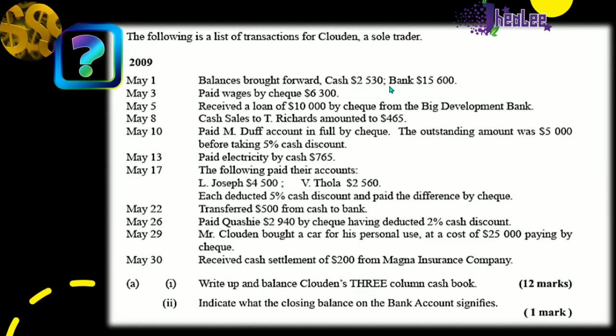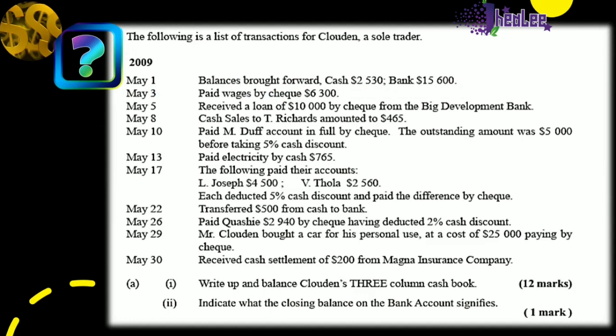cash 2,530 and bank 15,600. So these are balances brought down into the books, saying that in our cash account, this is the value that we have coming from the last period of 2,530. And in the bank account, there is 15,600 coming from the previous period.